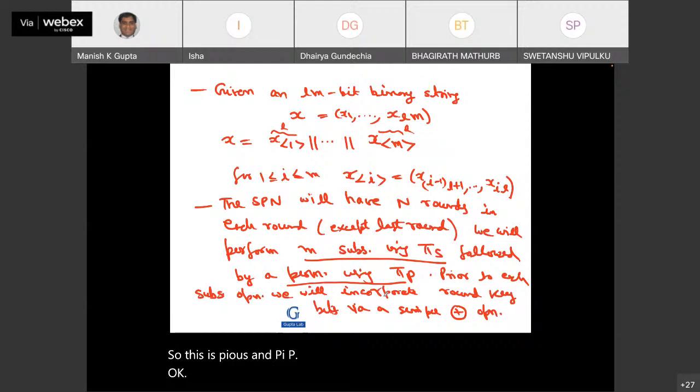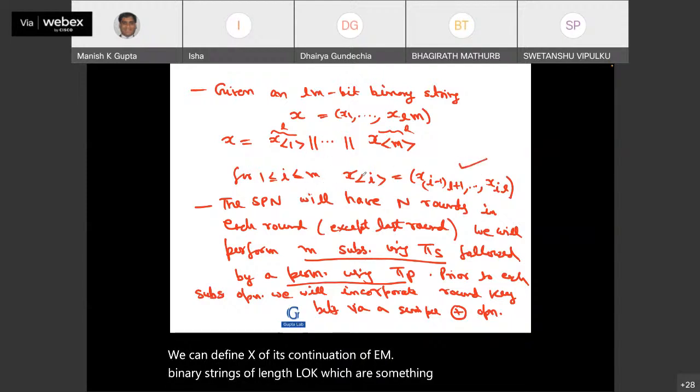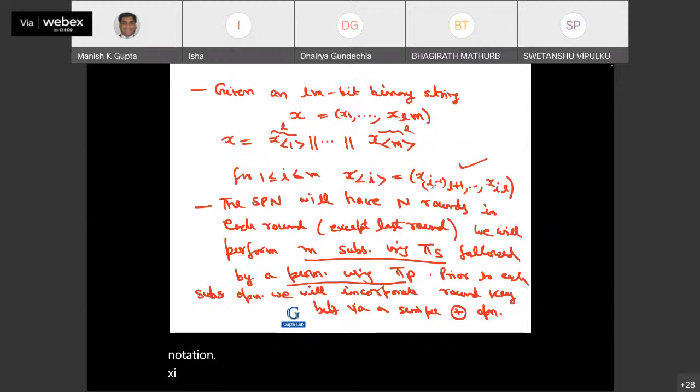Given an Lm-bit binary string, we can define x as the concatenation of m binary strings of length L, where x subscript i is x of (i minus 1) times L plus 1, and so on up to x of i times L.